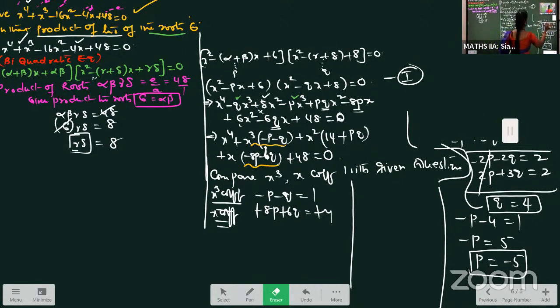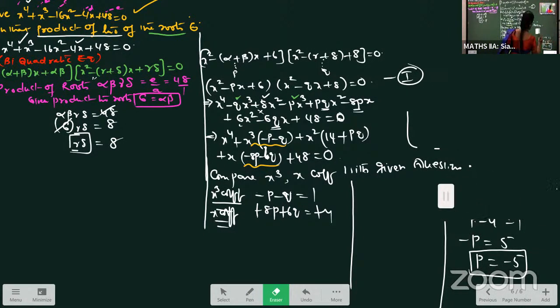Wait for a while. I'm explaining this part on the next page. Just go through it till now.